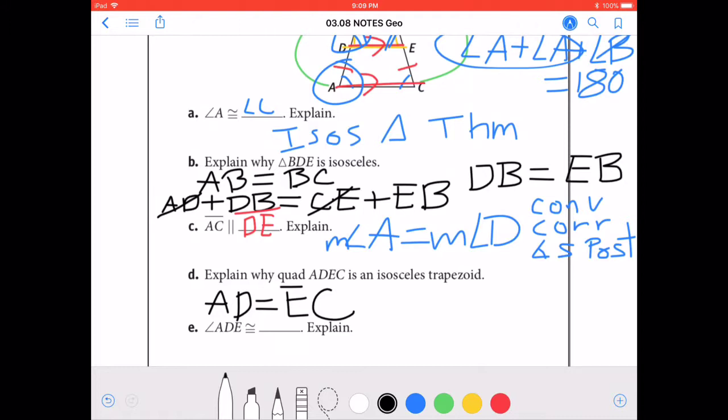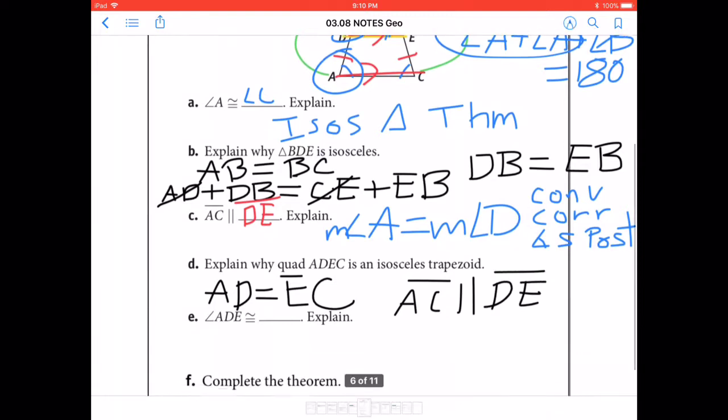That's the isosceles part of being a trapezoid, but we need the actual trapezoid part, which is saying that two sides of that shape are parallel, and we just proved that those two lines are parallel. So we do know that AC is parallel to DE. By piecing together part B and C, we can say that that is an isosceles trapezoid.